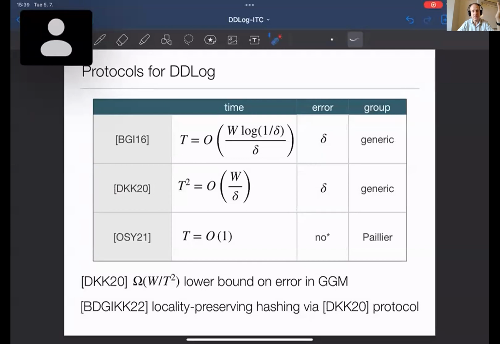That's the reason why significant error is going to cost you a lot in terms of the whole protocol. And in particular, if you go back to Boyle et al., they had to work a lot in order to deal with the error of the distributed discrete logarithm protocol that they used.